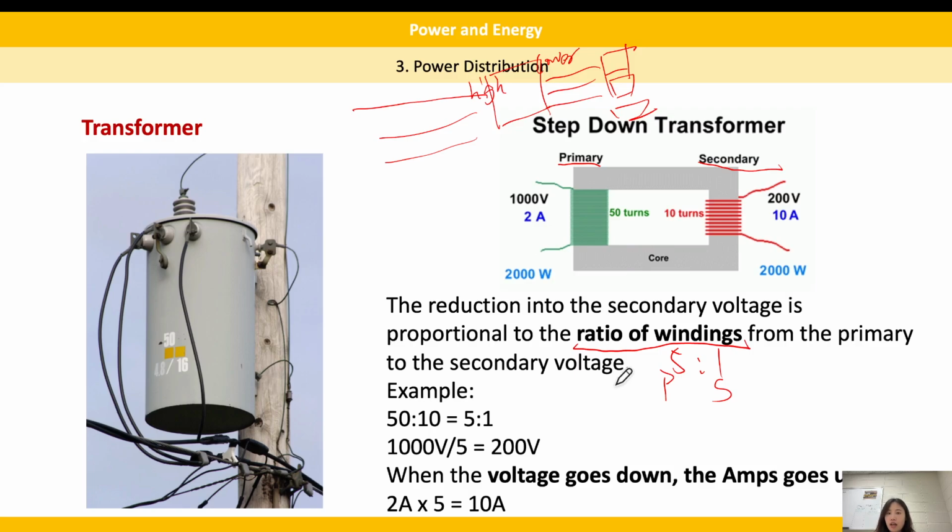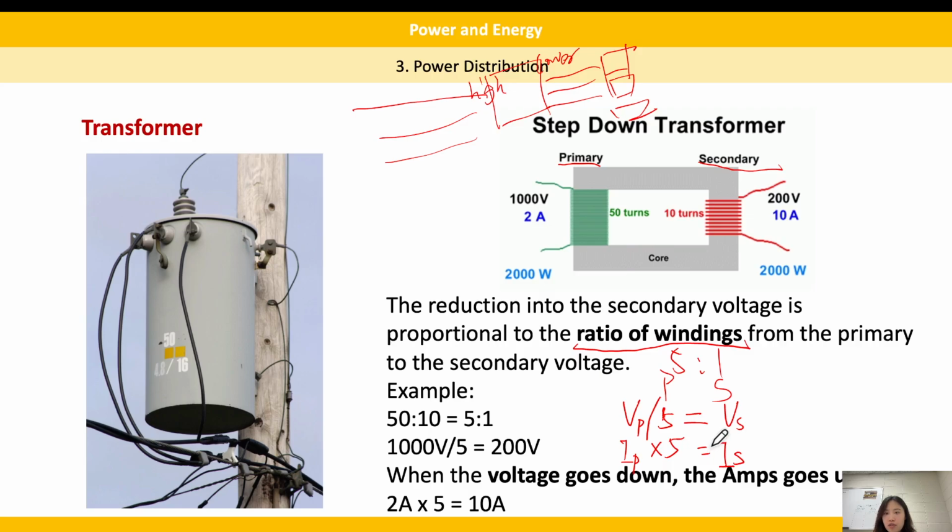When we calculate the voltage, let's say VP, V primary, divided by 5 equals the secondary voltage. But what about current? Current is reversed. So current IP times 5 is IS, the secondary current. That's the difference between voltage and current.